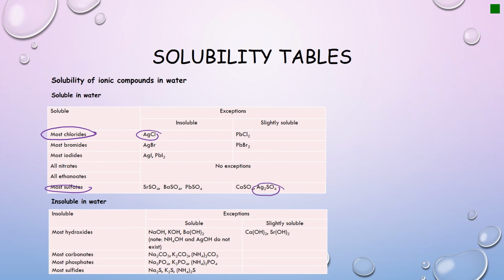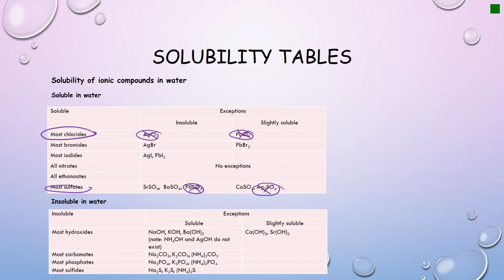Unfortunately, silver sulfate is slightly soluble, so you'll probably show a precipitate. So that's no good to us, so we can't use silver. Now, what else could we use? If we look at this one, you can see that lead chloride here is slightly soluble, and lead sulfate here is insoluble. Now, because they're slightly soluble, you'll probably get a precipitate, so we don't want to use those.